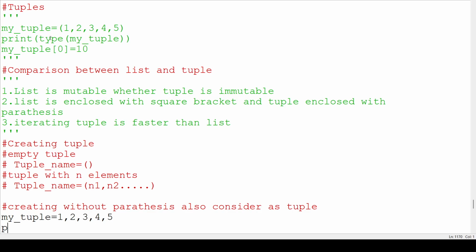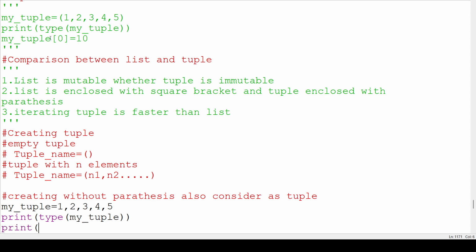Let's print the type of my_tuple, then print my_tuple. Control plus S and run. Let's see the output. Just a minute, a little bit of network issue.